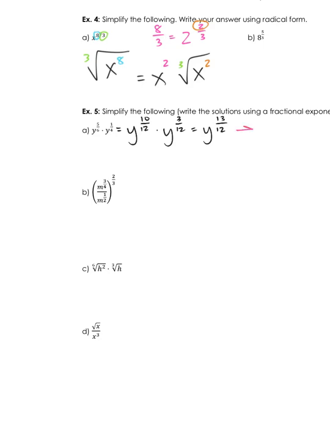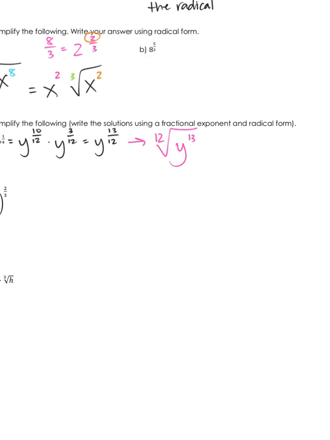Now to move this to radical form, remember my numerator goes inside, denominator goes here. And then just as I told you above, we can take that 13/12, make it a mixed number, so 1 1/12.